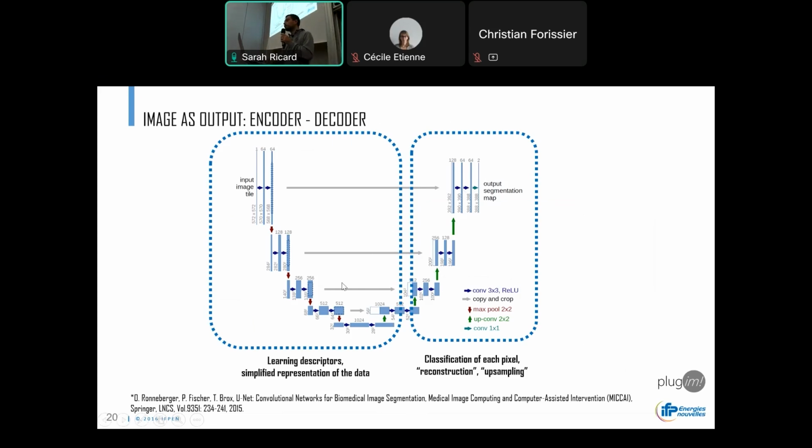I won't go into detail, but it's important. This kind of architecture is very widely used because this arrow, which we call a shortcut, improves the performance of the optimization procedure, the gradient descent procedure. Ask me a question if you want, otherwise I will take too long.